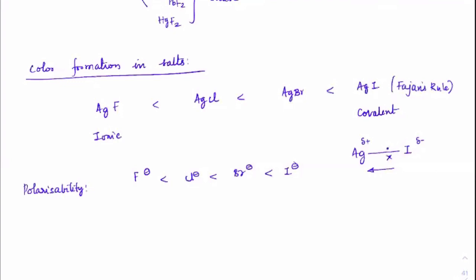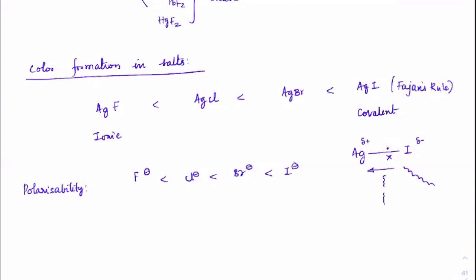Now, what would happen here? When light is falling on AgI, the electrons present between them will absorb the light and try to move towards silver at a much easier level. When they move and when they come back, they will start giving radiation.